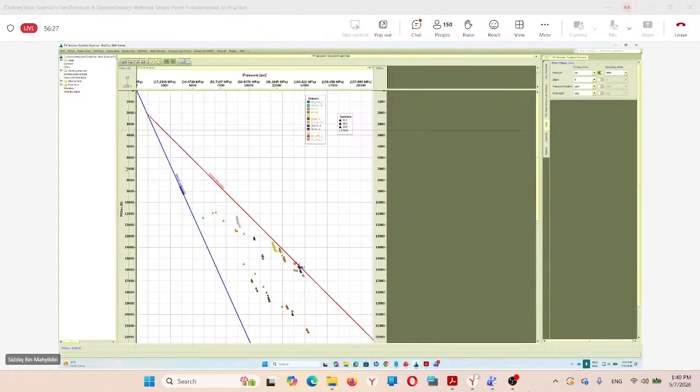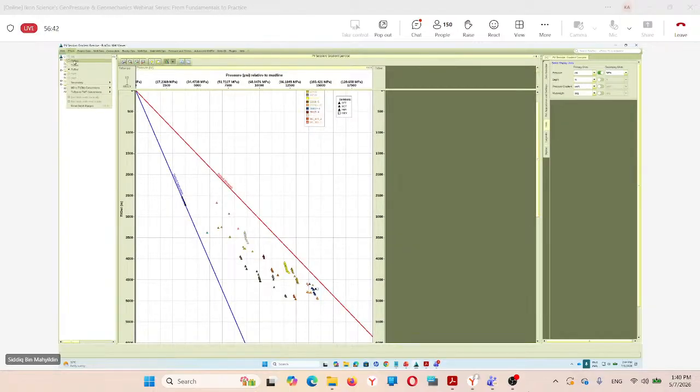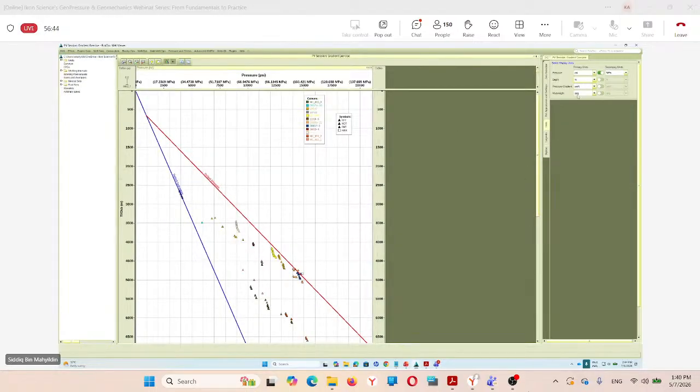Depth, even if it's showing in feet, but you are more familiar with meters, you change it, and now it has it in meters. If you want to see this in TVDML instead of TVDSS, you can just change it to TVDML like that. So it makes your life a lot easier in terms of how you look at data. What else do I want to show you? Pretty much that in terms of visualizing the data.